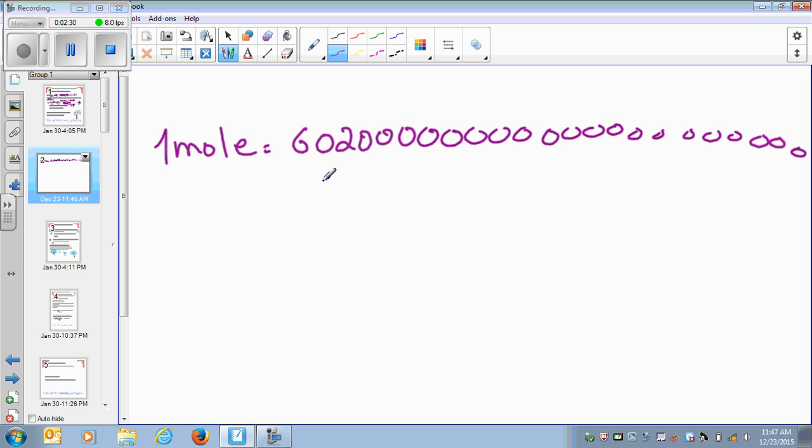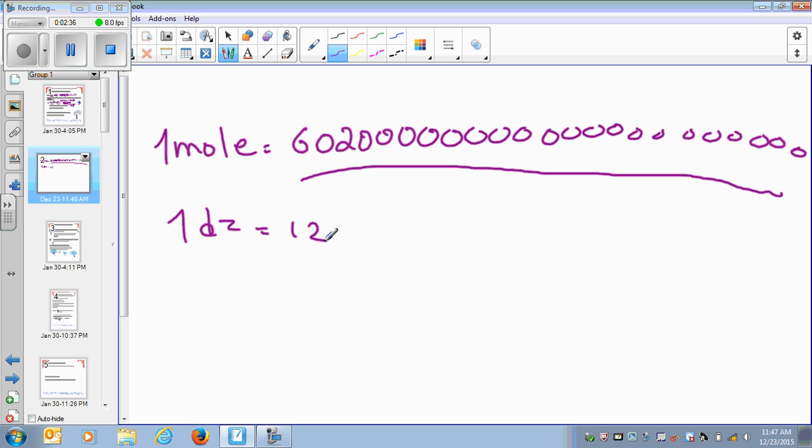So you can imagine why a dozen does not work. 1 dozen only has 12, so there is no comparison. It is because atoms and molecules are so small that we cannot use such a small number.